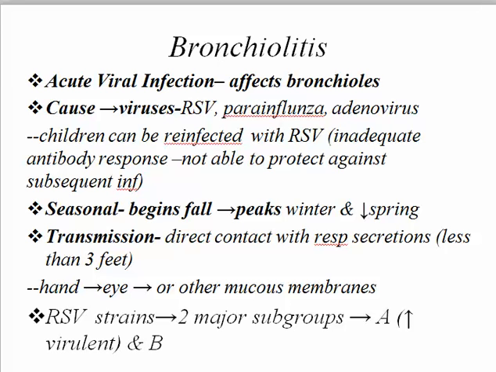There's RSV, which is respiratory syncytial virus, parainfluenza virus, or adenovirus. It's important to know that children can be reinfected with the RSV virus if they have an inadequate antibody response. In that case, they're not able to protect themselves against subsequent infections.